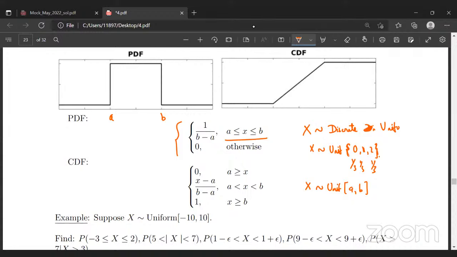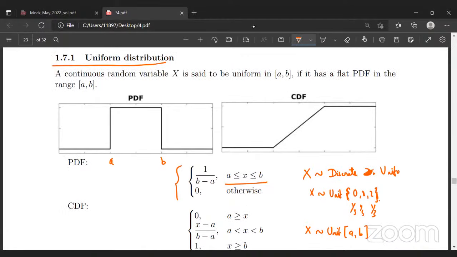So you don't have to remember any of this PDF and CDF; just remember how to solve problems once a certain distribution comes.